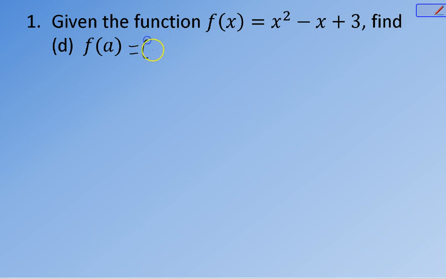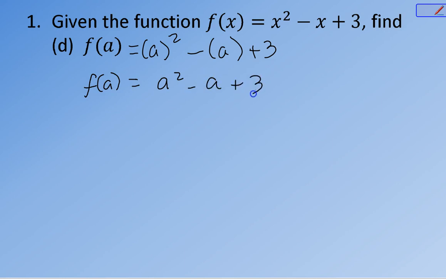I could be pretty picky and go, okay, so that's A squared minus an A plus a 3. But do you feel like I really needed to do the whole inserting? Since I wasn't really evaluating a number, I could just have replaced the X's with A's like so and been done with that one.